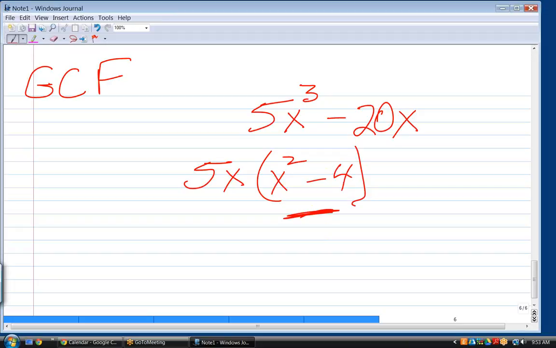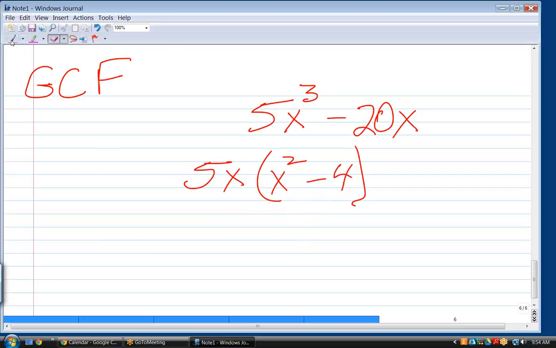But if you look at that, what is that called? There's a name for that. It's the difference of what? Difference of perfect squares. Notice that x squared is a perfect square and 4 is a perfect square.